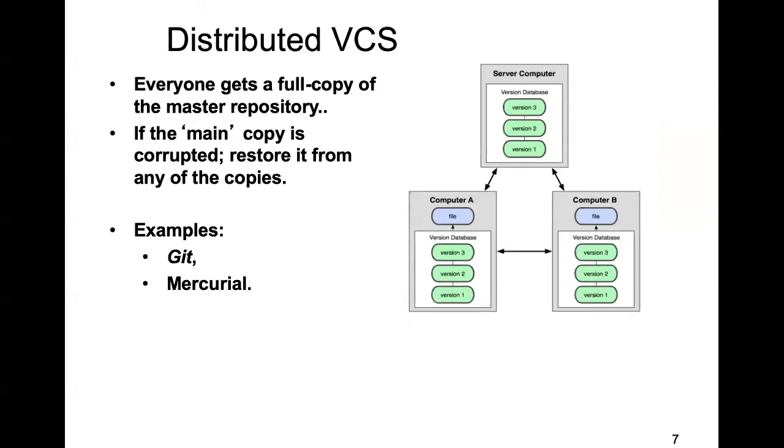The alternative structure for your version control system is a distributed model. And in the distributed model, the idea is that each team member on their own personal computer has a full copy of the repository.